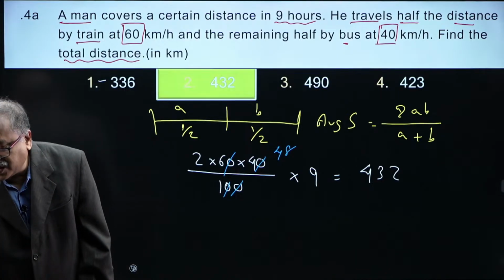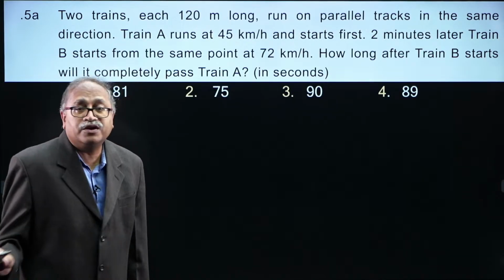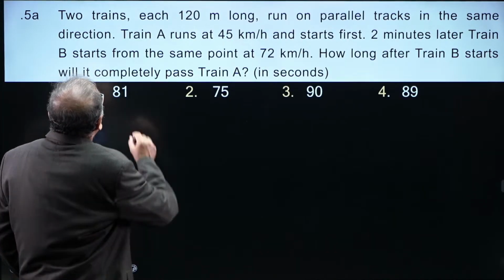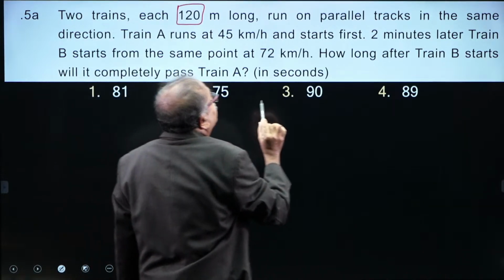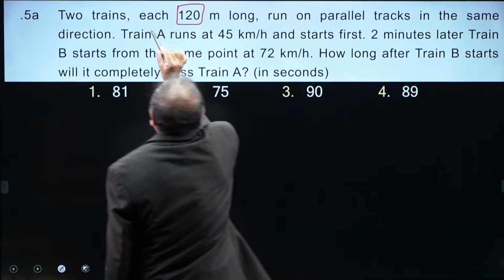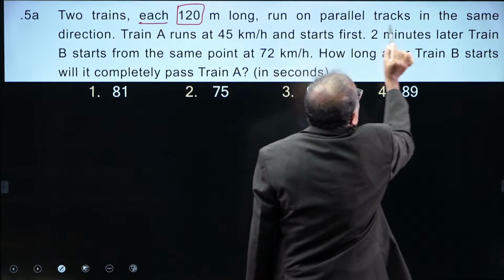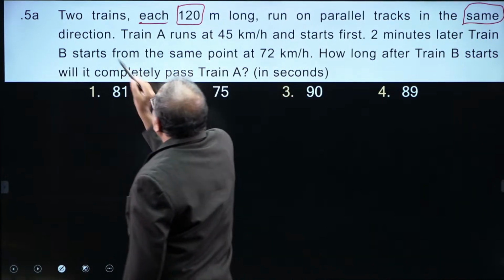I am moving on to the next question over here and check if you are comfortable in this question. Look at this one. The two trains, 120 meters each, run on a parallel track in the same direction.